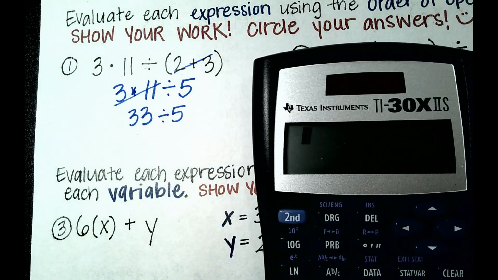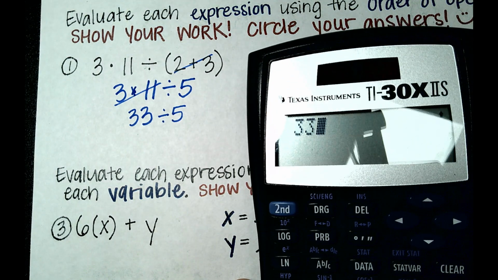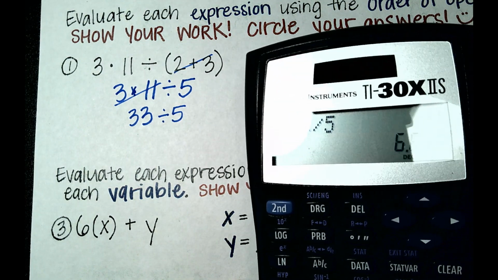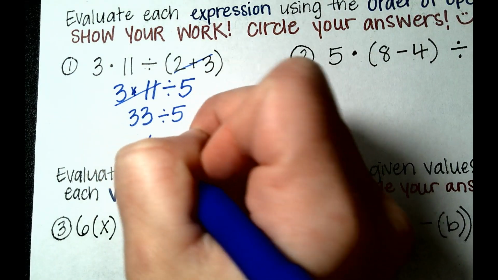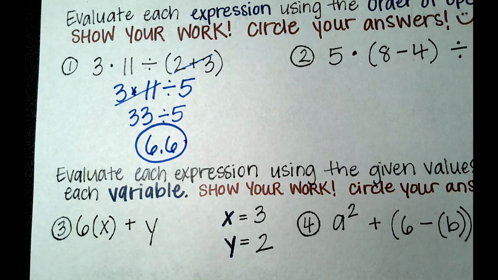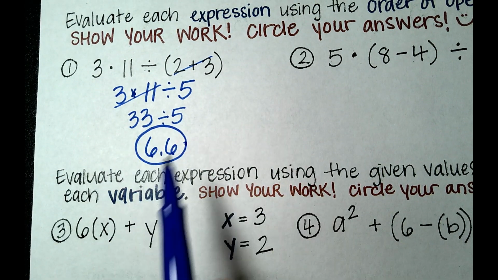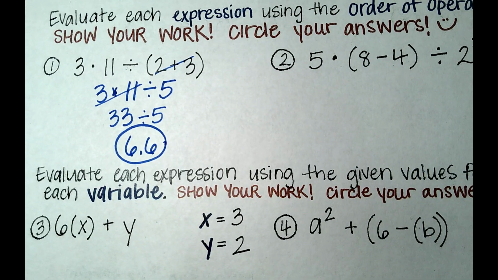What is 33 divided by 5? I got 6.6. Perfect. That is correct. So the answer to number 1 would be 6.6. And then I want you to circle your answers so I don't have to search for them. Make my life a little easier.